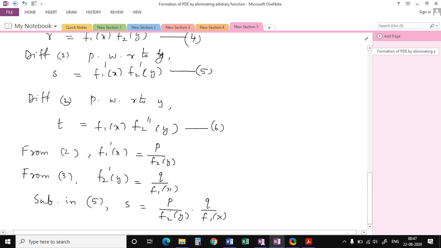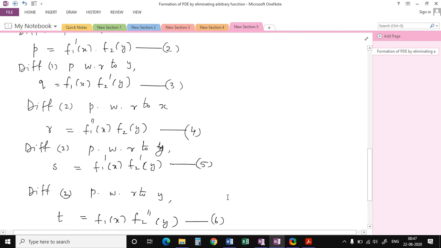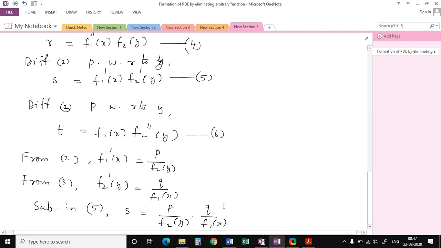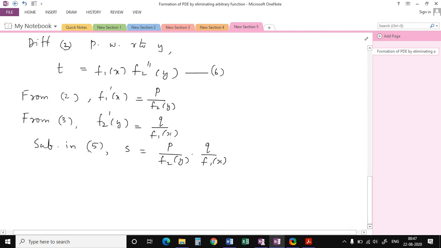Now we can see that still it contains two arbitrary functions f1(x) and f2(y). So how will we remove these two? We have another equation, that is equation number 1, z equal to f1(x) into f2(y). So we can replace this denominator by z, so that using 1, we can write this equation as s is equal to pq by z, or zs is equal to pq.